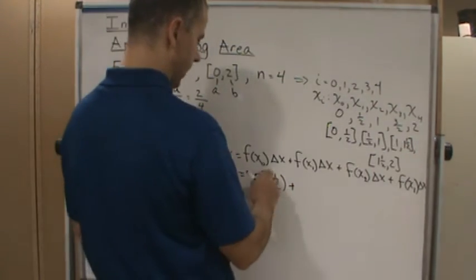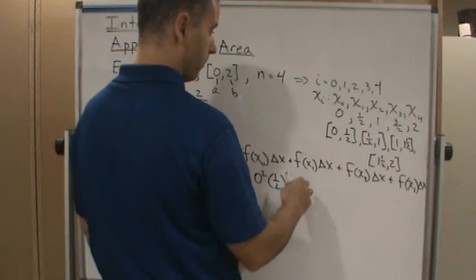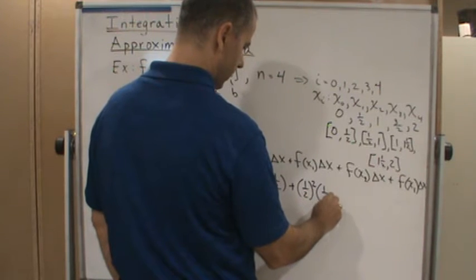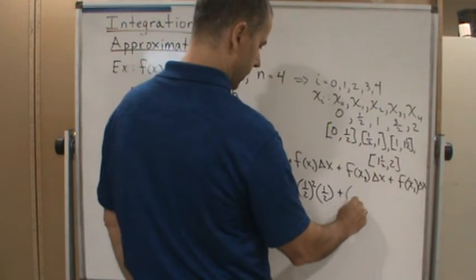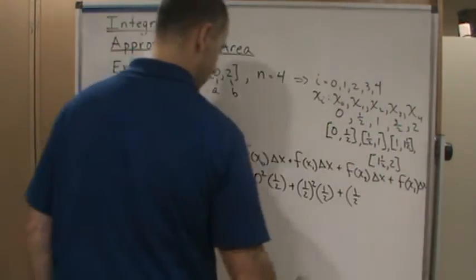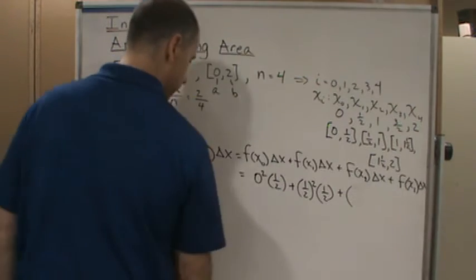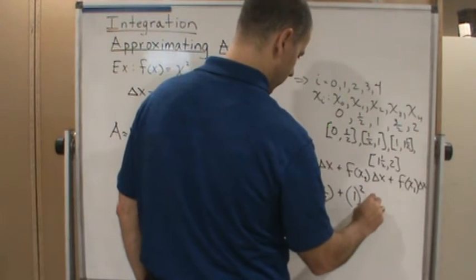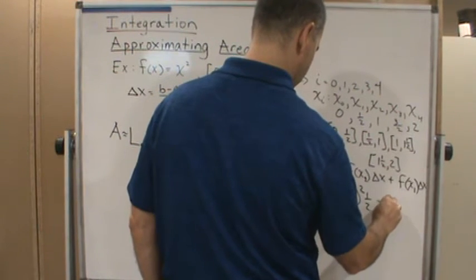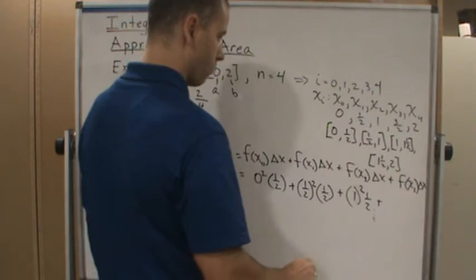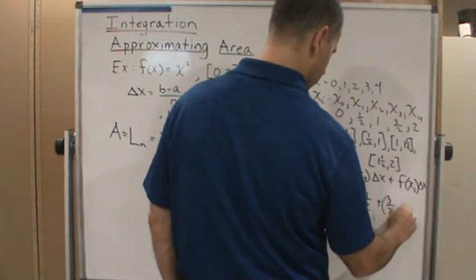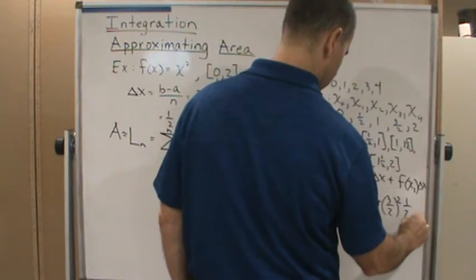Plus x1 is a half, so a half squared times a half, plus 1 squared times a half, plus 3/2 squared times a half.